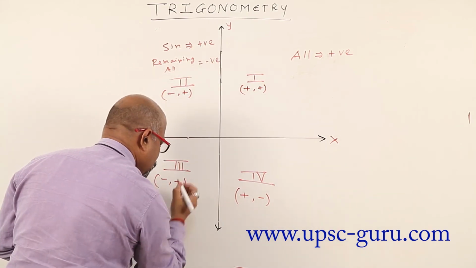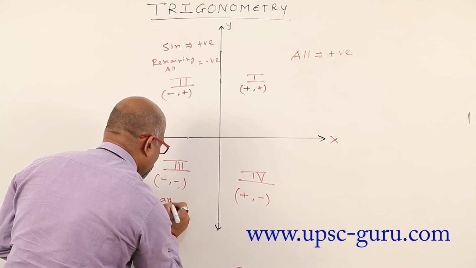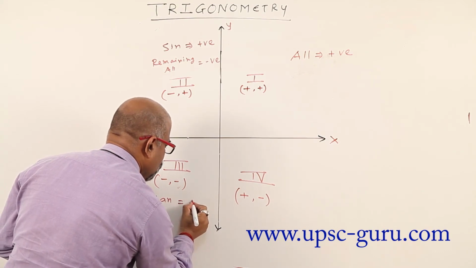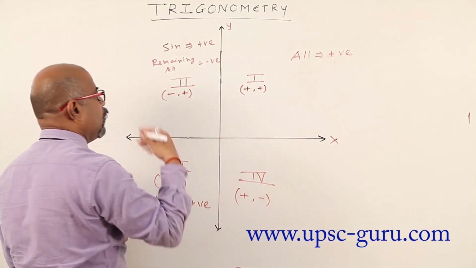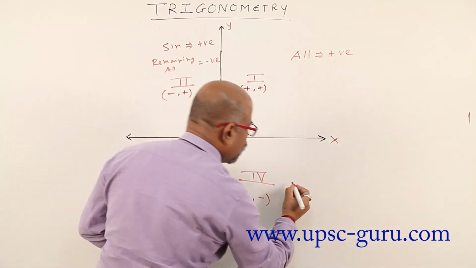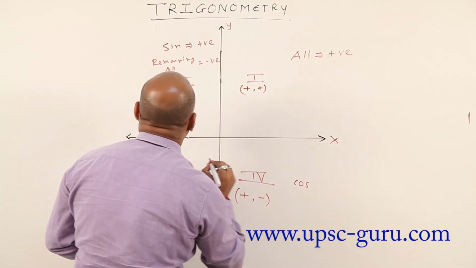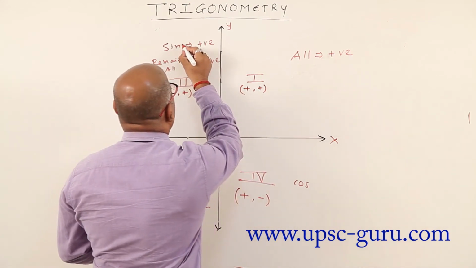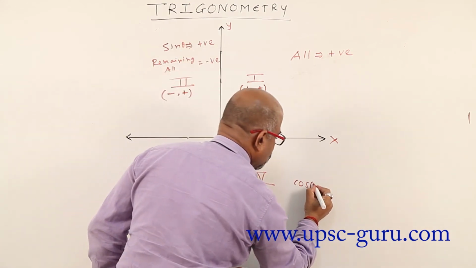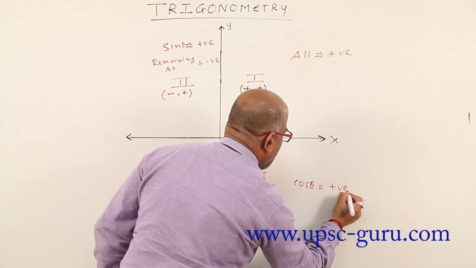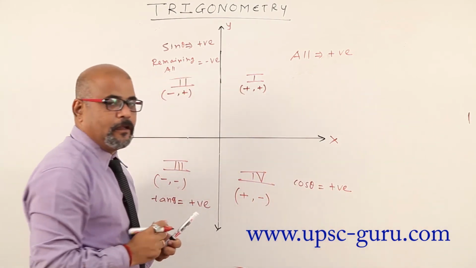In the third quadrant, the value of tan is positive and remaining all are negative. In the fourth quadrant, cos is positive and remaining all are negative.